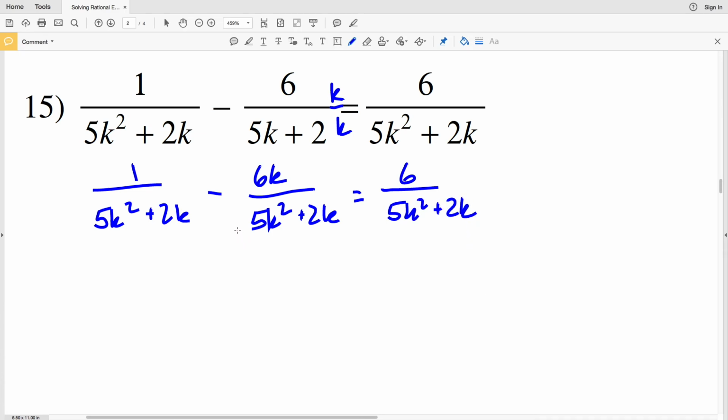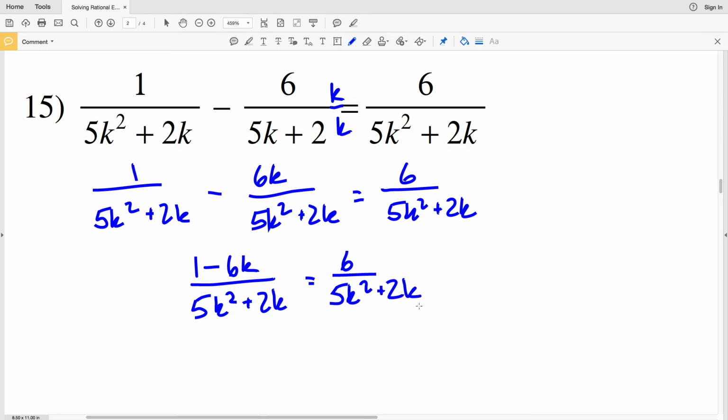So combining these fractions, I'll have 1 minus 6k all over 5k squared plus 2k, and that's going to be equal to 6 over 5k squared plus 2k.